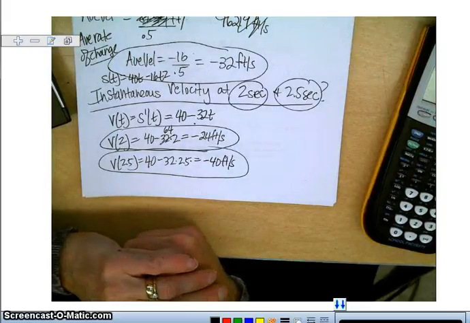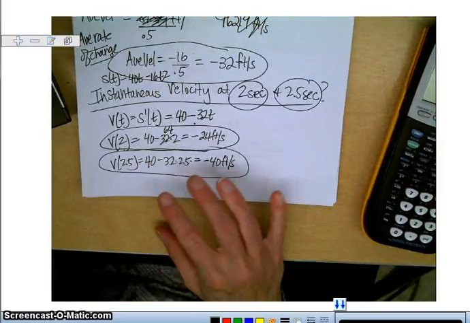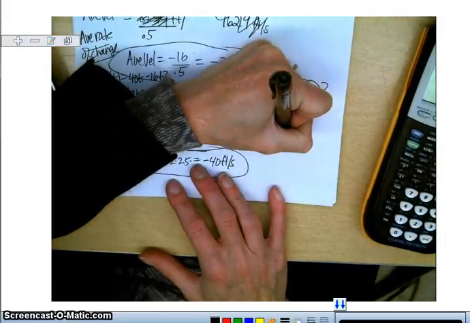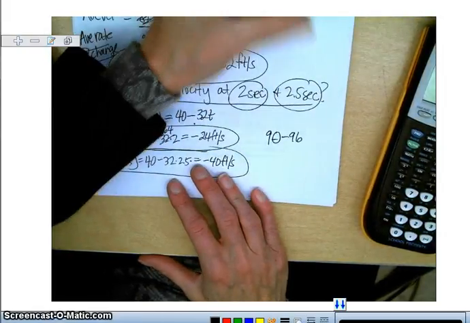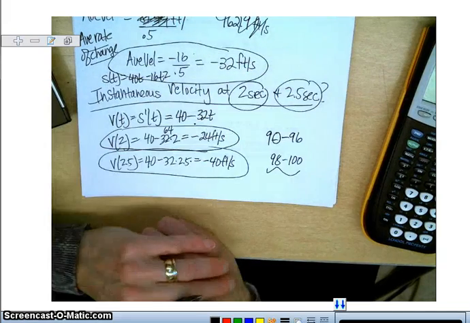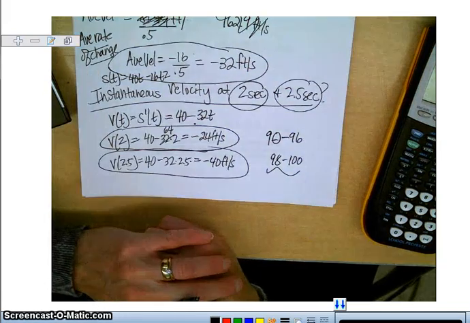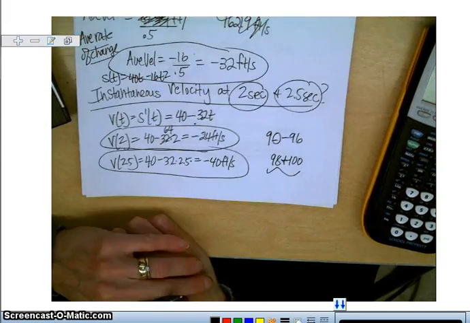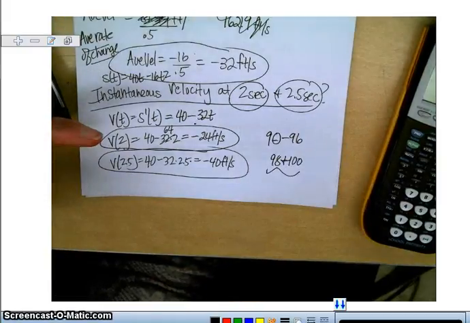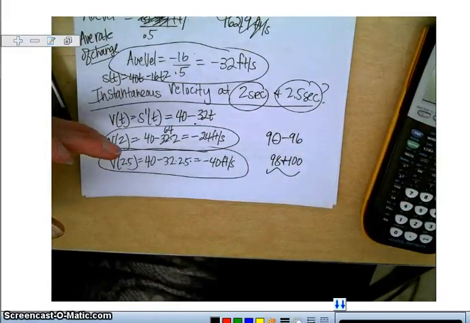So your first homework, well, not your first ones, all the stuff that I'm doing now is basically 90 through 96. The part that says 90 through 96, 98, and 100, which we're just now going to go over how to do. So you don't have a ton of these on your homework, but they'll come up periodically in other homework assignments too.